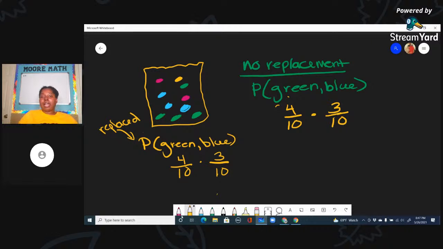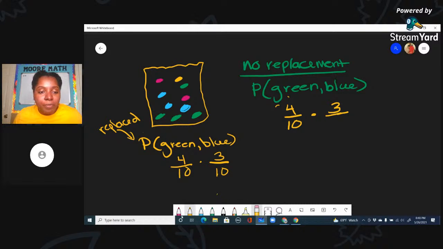Okay, how do you know it's correct? Because when you pull one out, it's not missing one. Mm-hmm. Okay, so what do I need to change with the one that's not replaced? 3 out of 10. It's going to become what? 3 out of 9. Excellent.